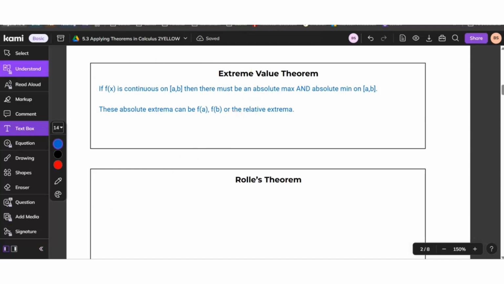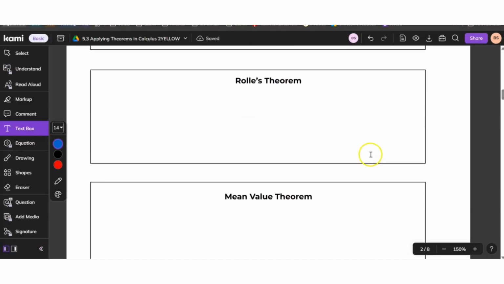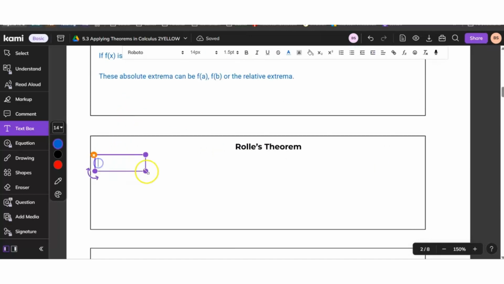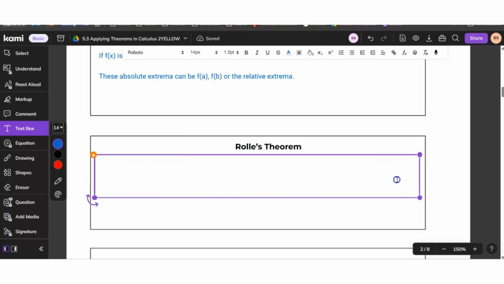All right, there's enough noise. We must be ready. Let's do Rolle's. You must be ready. You're all talking. So Rolle's theorem starts out the same, right?